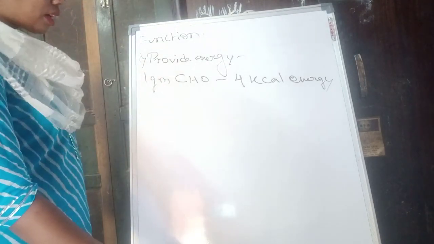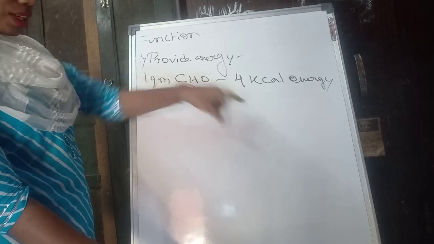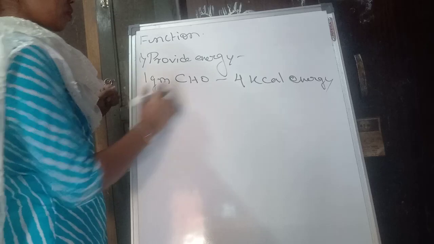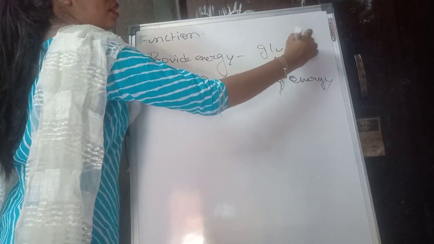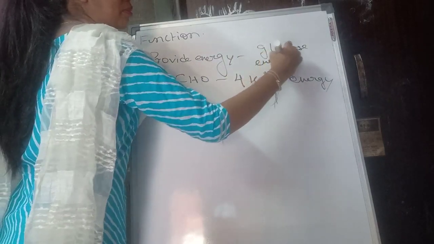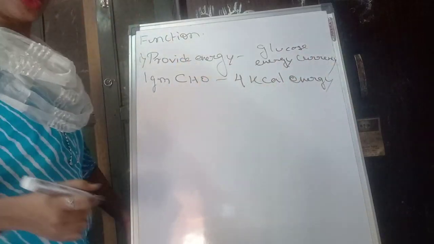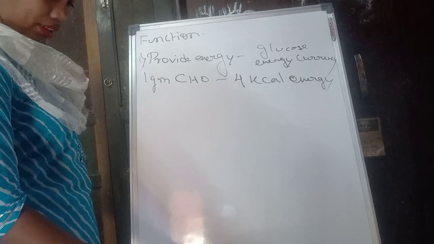Okay, so 1 gram of carbohydrate will provide 4 kcal energy, and majorly this is done by using glucose as the energy currency, because this is the most ready source for production of energy.